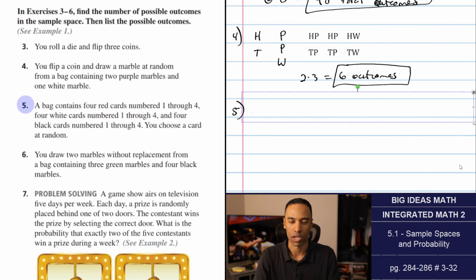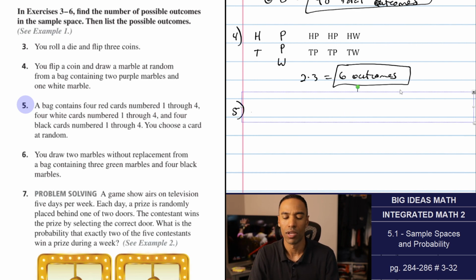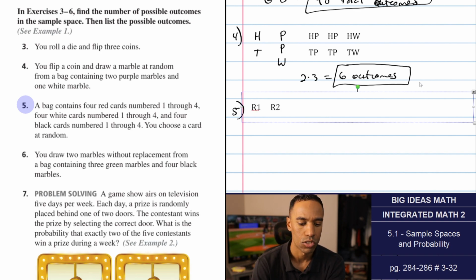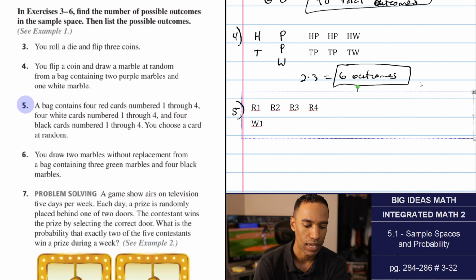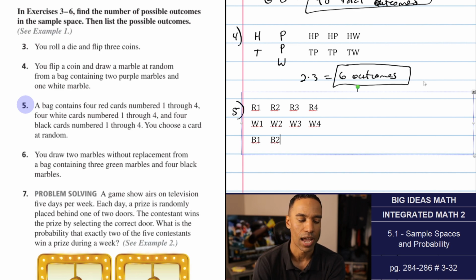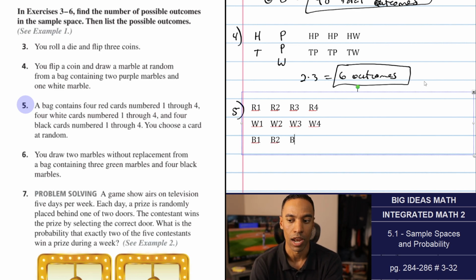I don't know if they're talking about getting a probability for us now, but for the red, you can get 1, 2, 3, or 4. From white, you can get 1, 2, 3, or 4, and black 1, 2, 3, or 4. Now, unlike the other ones, it's not you draw a card and then draw a number.